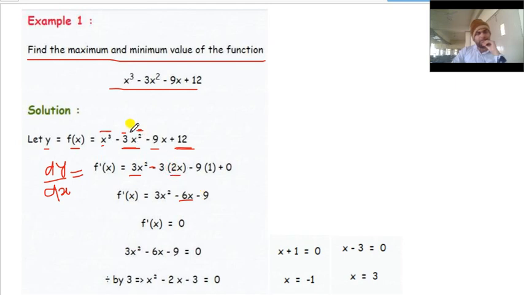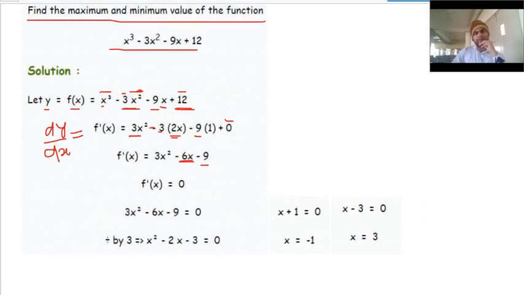The differentiation of x square is 2x, so we write 3 times 2x. Minus 9, the differentiation of x with respect to x is 1, and 12 is a constant, due to that its answer is 0. So this function becomes 3x square, 3 into 2x becomes 6x, and minus 9.